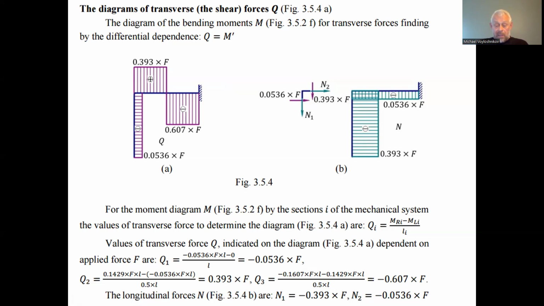The result is minus 0.607 multiplied by F. And so we have the diagram of the transverse forces.